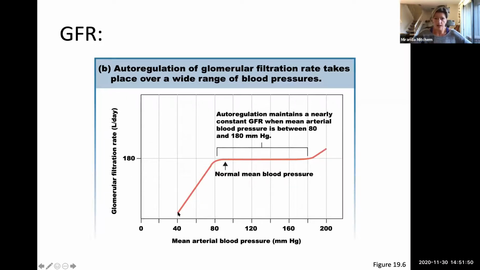And what it shows us is that our body is able to deal with quite a range of pressure, from about 80 to 180 millimeters of mercury, without having an impact on the kidney. And that's due to the regulatory processes that are in place in the kidney. So autoregulation is capable of correcting the pressure going through the kidney over this large range.